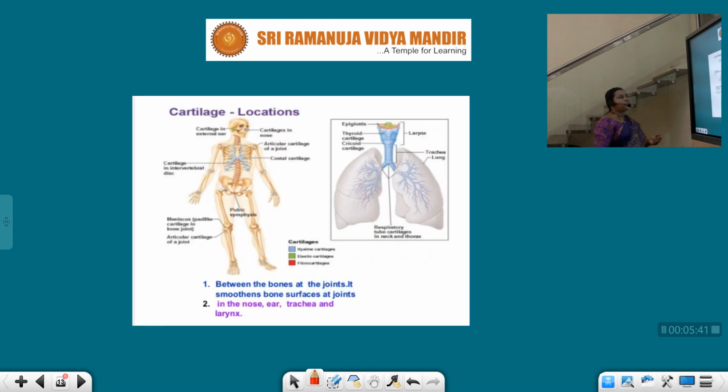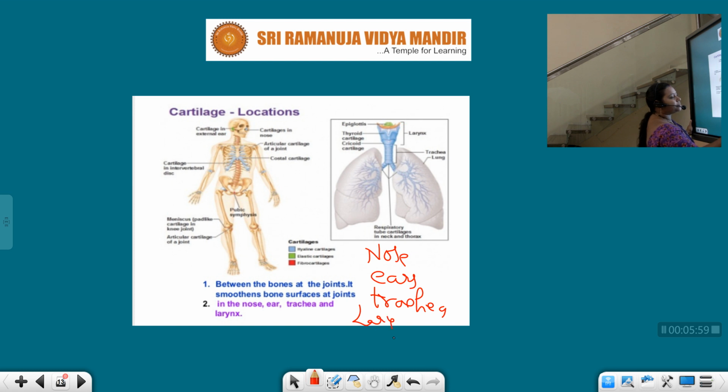And see, these are the different regions where we can observe cartilage in our human body. What are the regions, students? It is present in the nose, ears, trachea, and the larynx. And it is also present in between the joints.